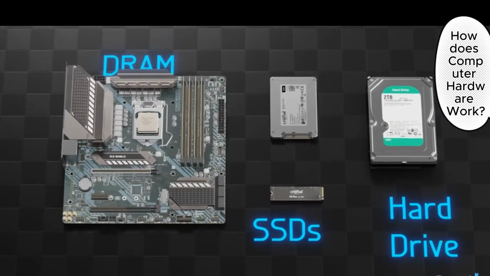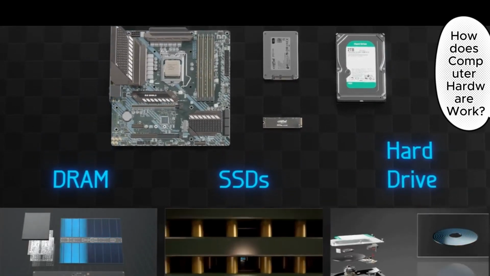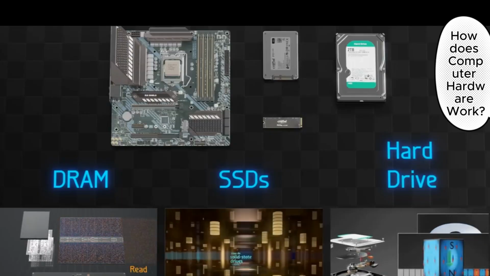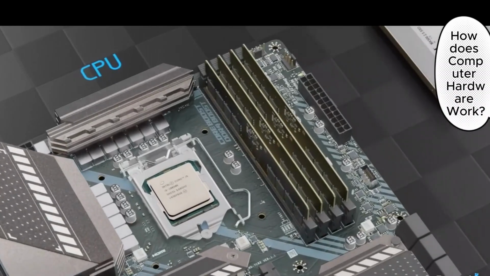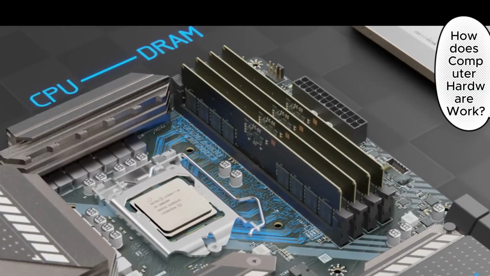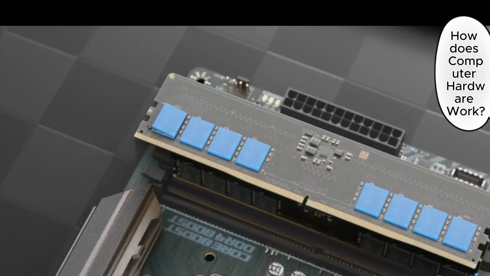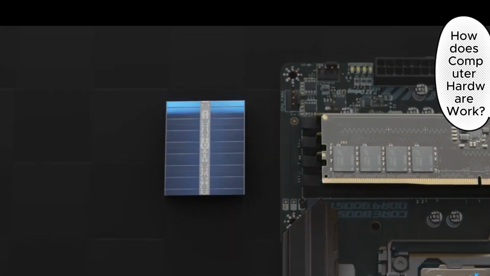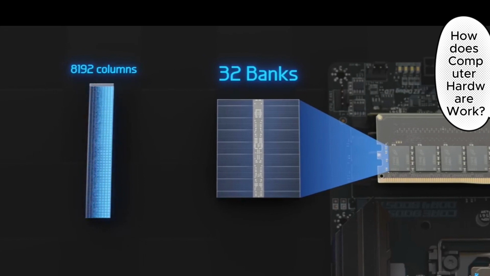We're not going to spend too long because we have an entire series of videos on solid-state drives, and then separate videos covering DRAM and hard drives. But quickly, the CPU communicates directly with the DRAM through memory channels running inside the motherboard. Inside each of these 8 DRAM chips is an integrated circuit composed of 32 memory banks, each 8,192 columns wide by 65,536 rows tall.